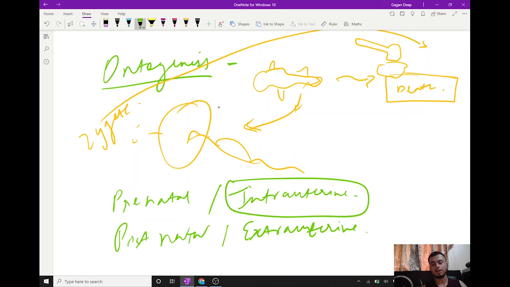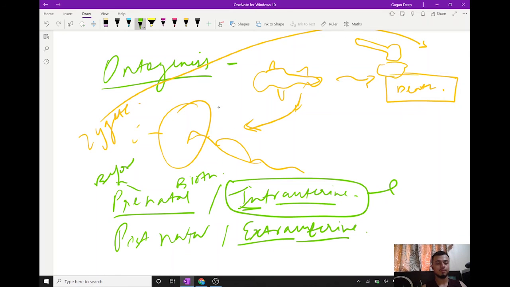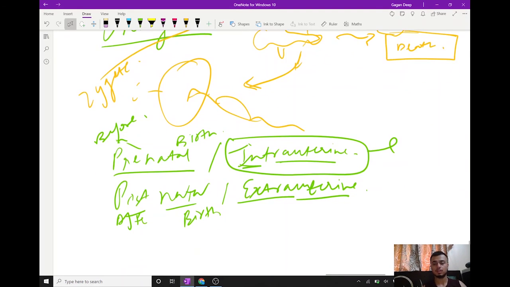The intrauterine is when the baby is in the uterus, extrauterine is external to the uterus. Natal means birth, pre means before birth, post means after birth. The terms simplify it all, there's nothing to discuss on it.